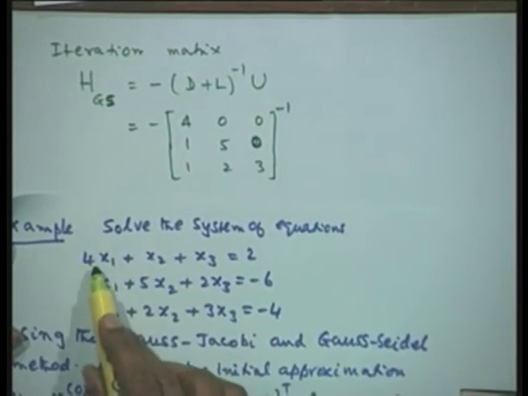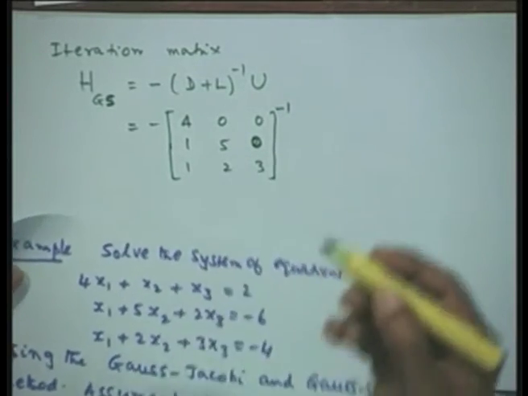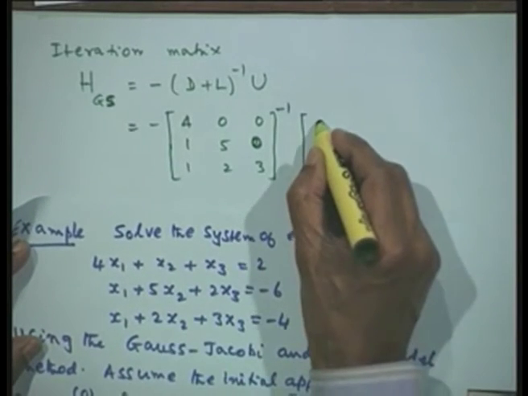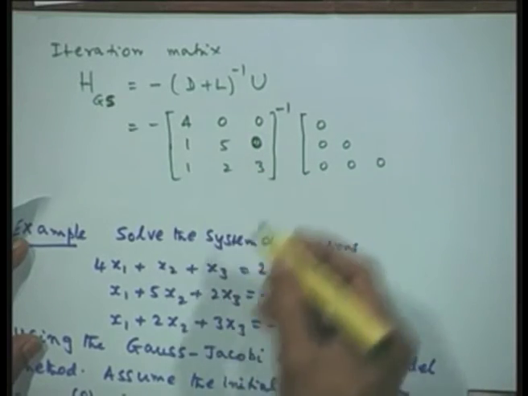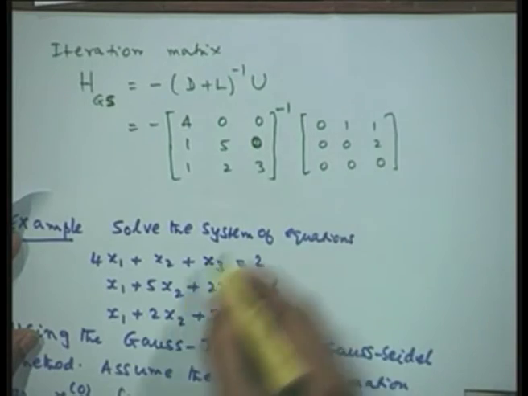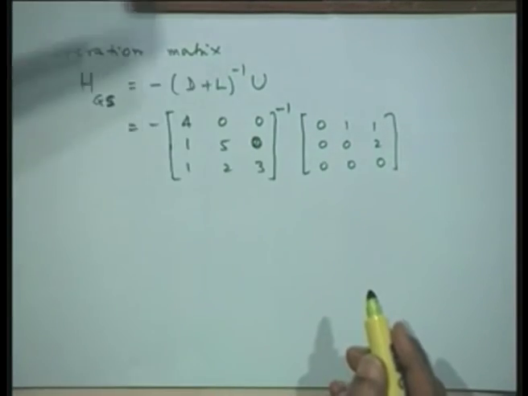So this is our D plus L inverse, and U is the strictly upper triangular part. So let us put them: zeros, 1, 1 and 2, 1, 1 and 2. This is your U part.